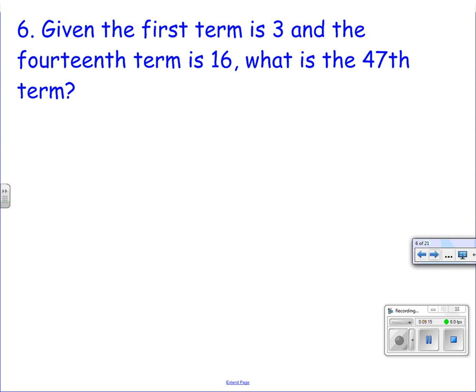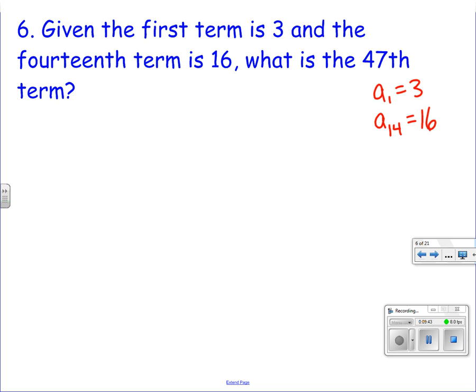All right, number 6. Given the first term is 3 and the 14th term is 16, what is the 47th term? Rudy, what do I know? Yep, how do you write that? Good. AJ, what else do I know? How do I write that? Okay.